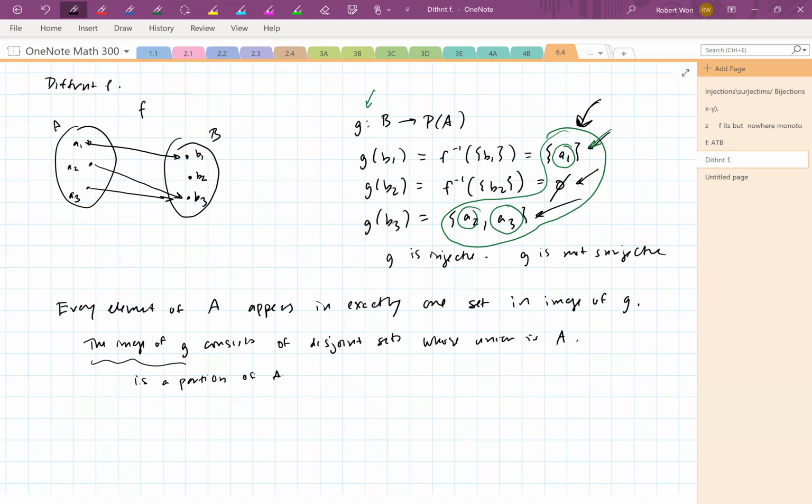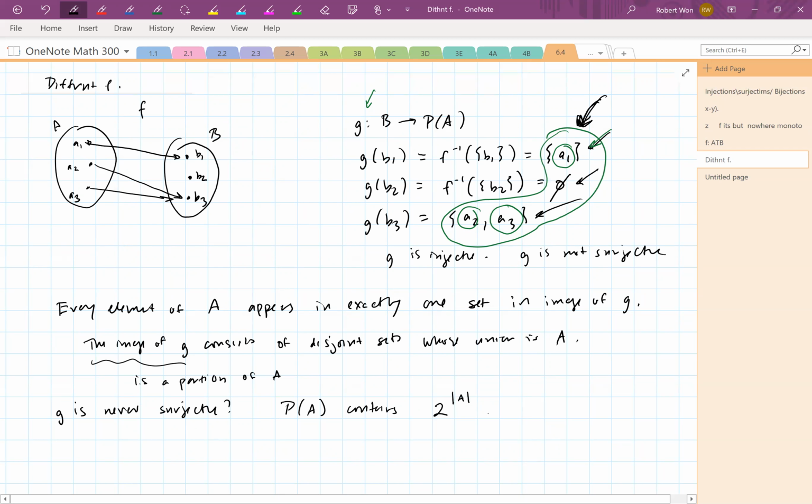Okay, another thing that we learned from this is that it seems really hard to make G surjective because the power set of A has 8 elements, and you're only ever going to get 3 elements in the image of G. Right, so I might be tempted to say that G is never surjective, because the power set of A contains 2 to the size of A elements, but the image of G contains the size of B elements.